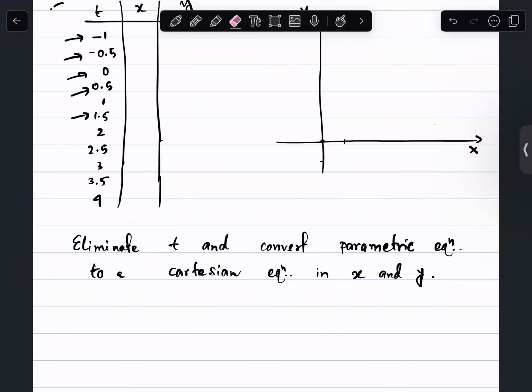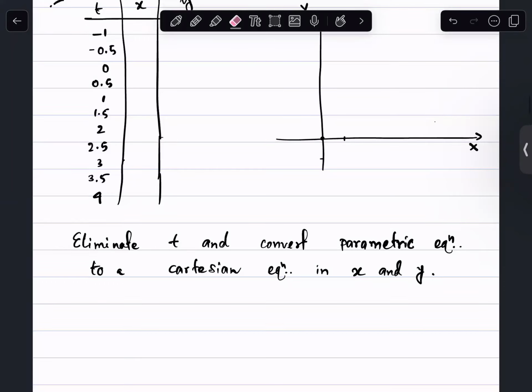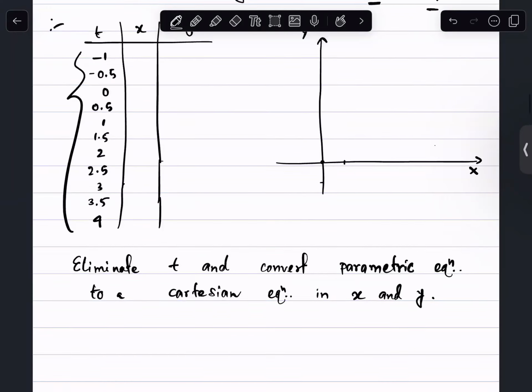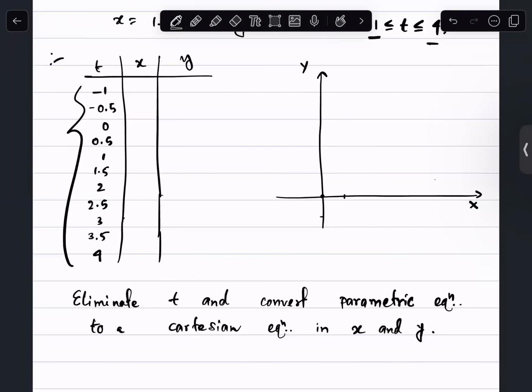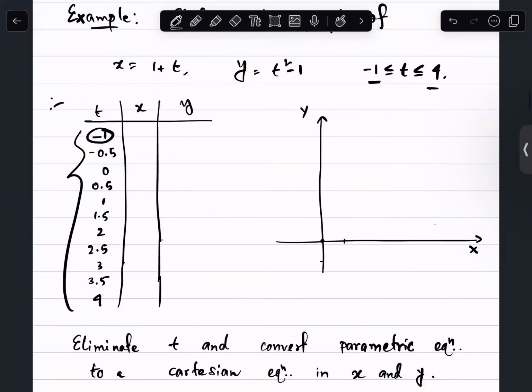Then I evaluate the corresponding values of x and y. If t is -1, I get x to be 0 and y to be 0 as well from the other equation.